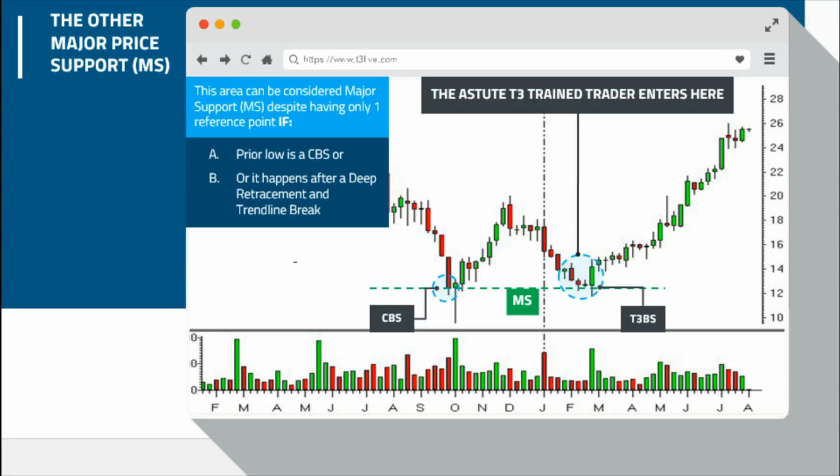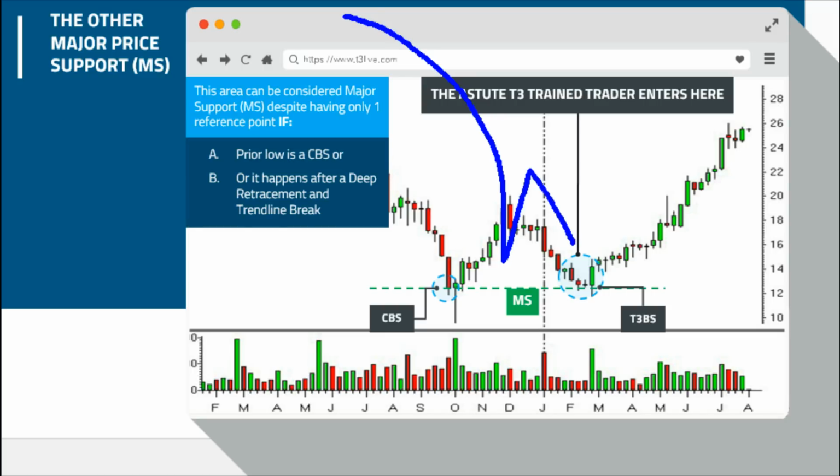Does that make sense? So 1 reference point is enough rather than 2, because if the first reference point was an area where the stock went climactic, what does that mean to go climactic? When you get that waterfall, that big drop, the stock goes vertical, runs out of supply, selling runs out, and pops.